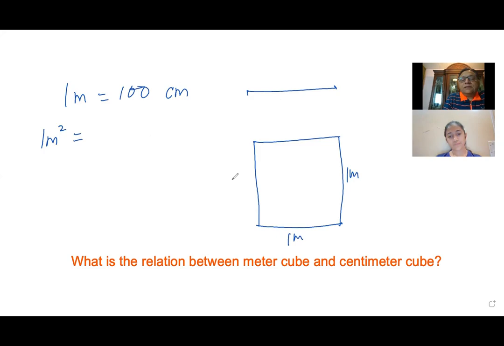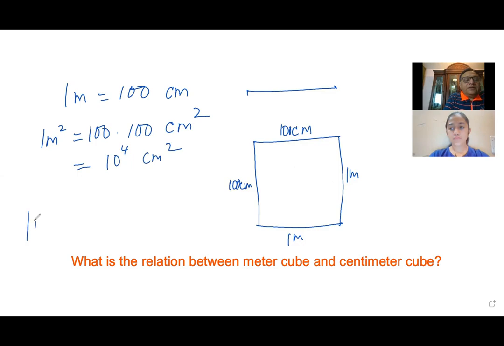In centimeters it is 100 centimeters. So 1 meter square is 100 times 100 centimeters square. That is 10 to the power of 4.